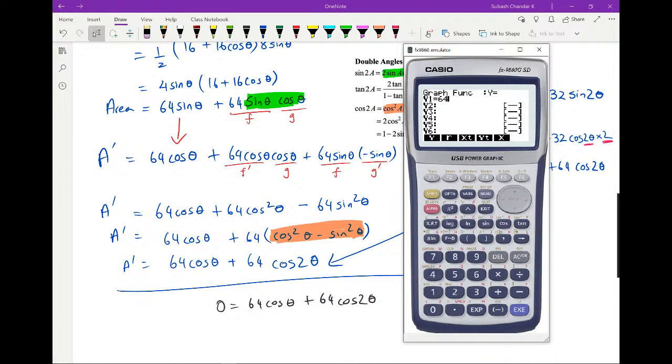We've got 64 cos theta plus 64 cos of 2 theta. Mm, 1.04. Yeah, it's not as crazy as what I get for my level 1 and level 2 streams. No, that should be 1.047. 60 degrees.